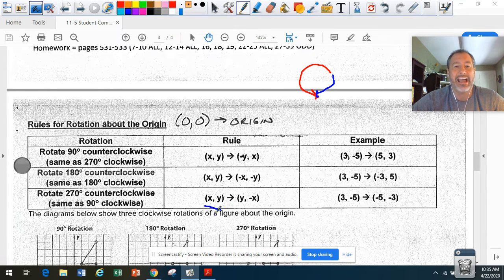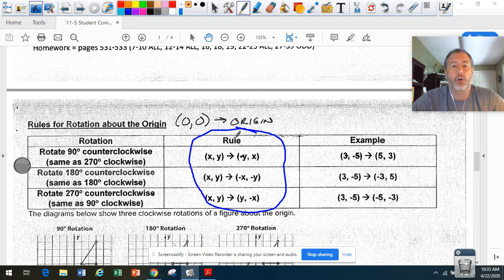It says flip them around, so make it Y, X, but then do the opposite of the X. Here's our original point, 3, negative 5. First it says switch them, so we would have negative 5, 3, but then do the opposite of X. So our new location is negative 5, comma, negative 3. You must follow these rules. You're going to have to follow these rules. These rules are extremely important.